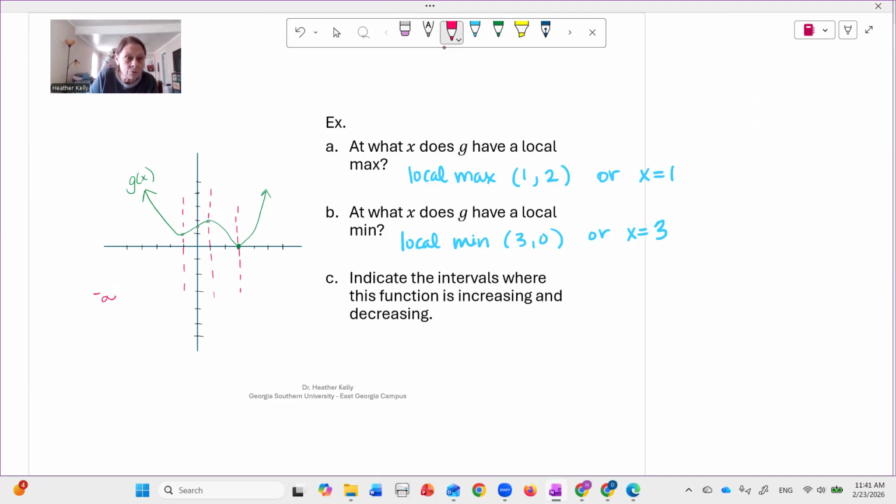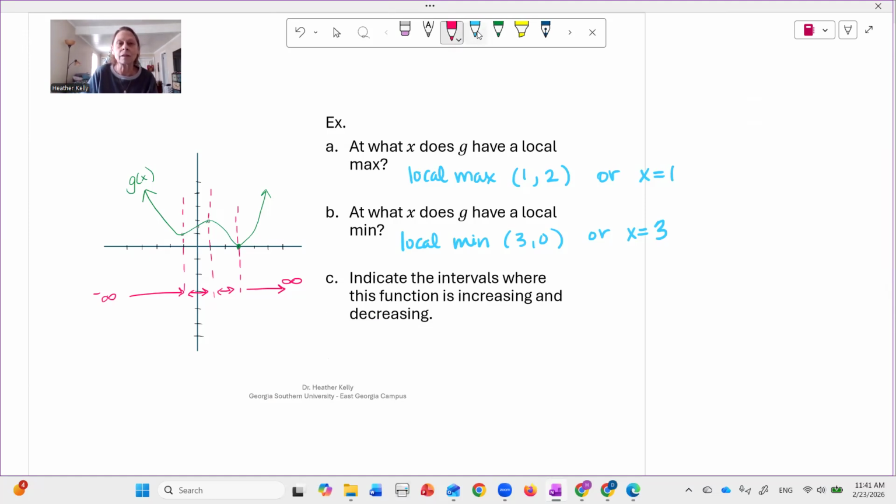So we've got negative infinity goes to this guy, then in between these two guys, then in between these two guys, and then to infinity. And that's what those turning points give us. Every time the graph changes directions, it's called a turning point. And a turning point is an important feature on a graph, okay? Because it indicates maxes and mins and things like that.